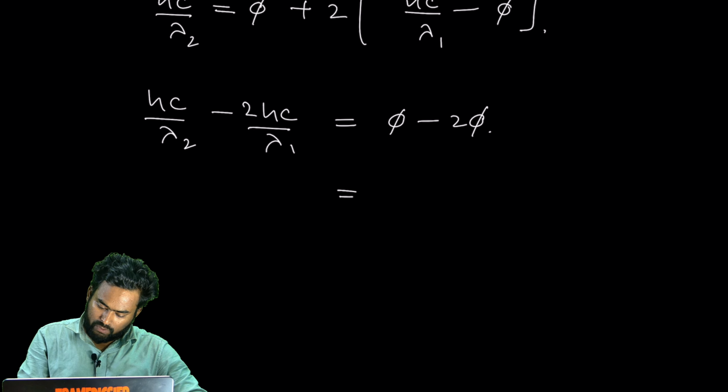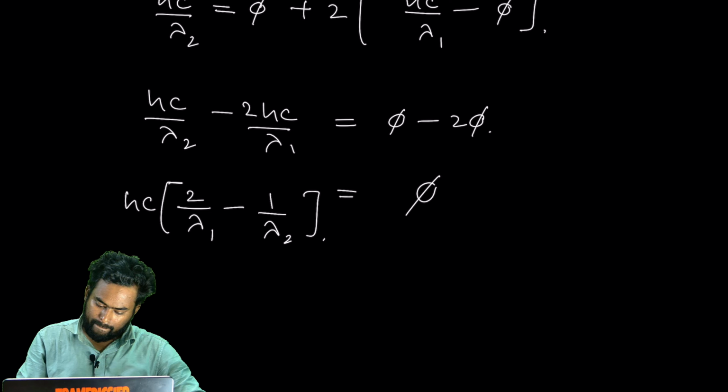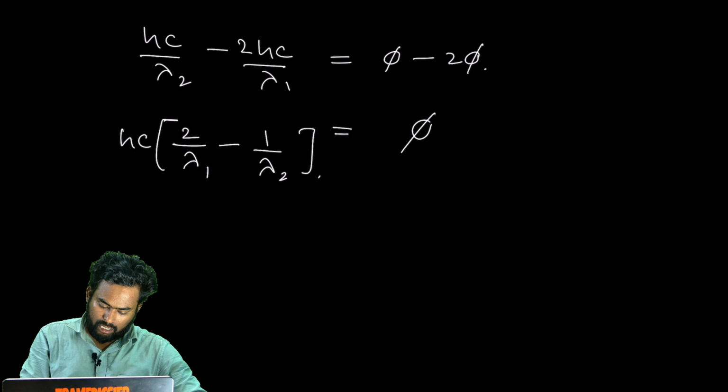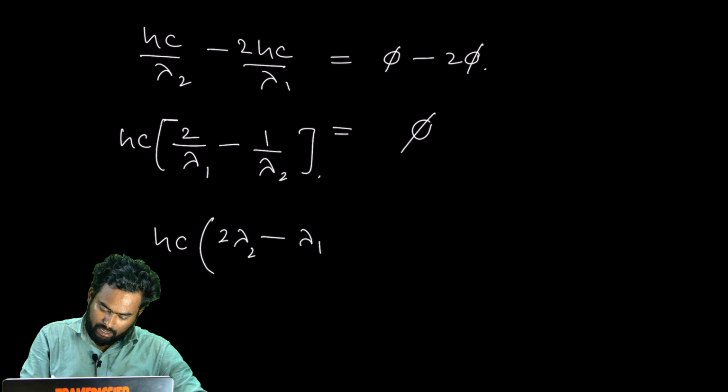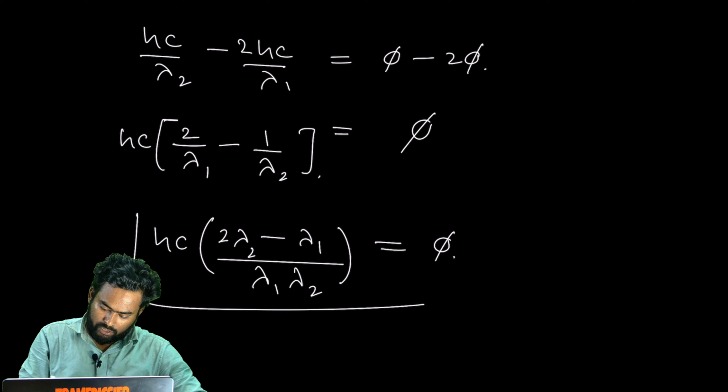So here minus phi, I will take this negative, so it becomes hc common, 2 by lambda 1 minus 1 by lambda 2. You can take the LCM also and solve it: hc in bracket, 2 lambda 2 minus lambda 1 upon lambda 1 lambda 2. This is our work function.